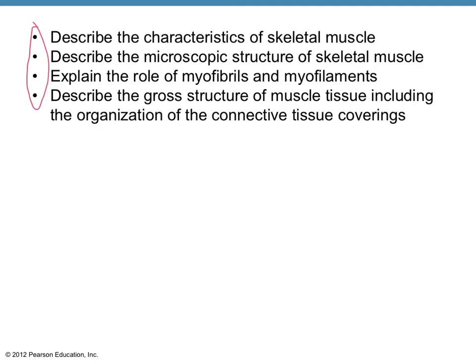Identify the structures in a microscopic view of skeletal muscle tissue. Explain the role of the myofibrils and the myofilaments, what they do. We'll talk more about muscle contraction in a screencast later on. And also, be able to talk about the anatomy of muscle tissue, including the connective tissue coverings, and be able to identify that on a given diagram.